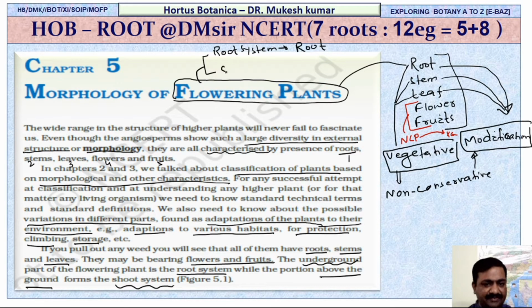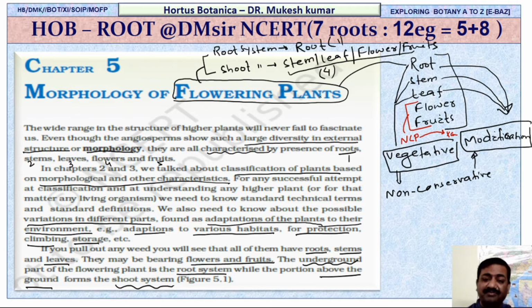Another is the shoot system, and this shoot system has stem, leaf, and when matured, flower comes, and after flower there will be fertilization and formation of fruits. So you can say 1 by 4. No, 4 parts are of your shoot system, 1 part is of your root system. So this is all the summary of this page in NCERT.